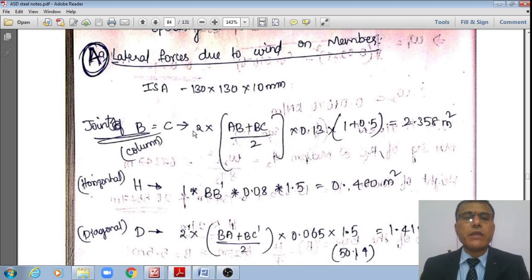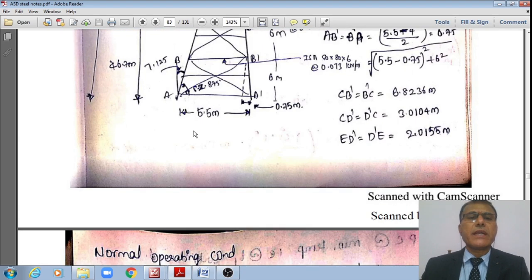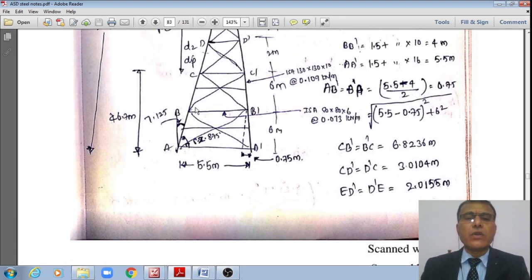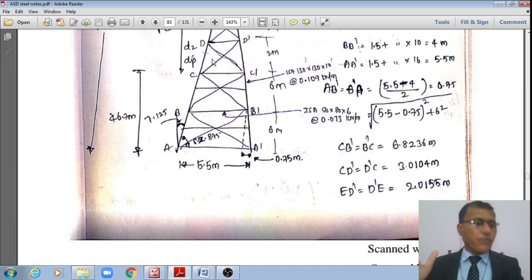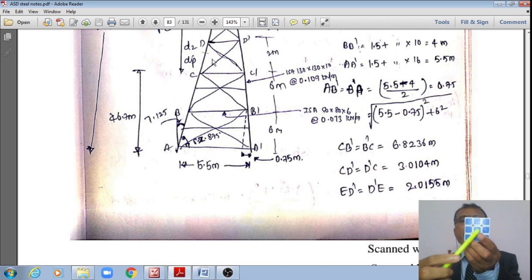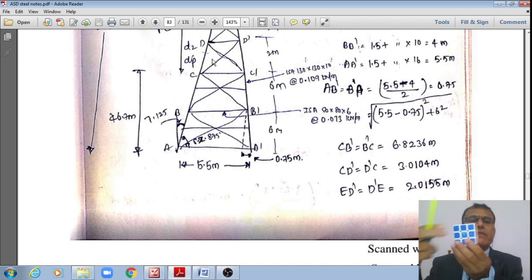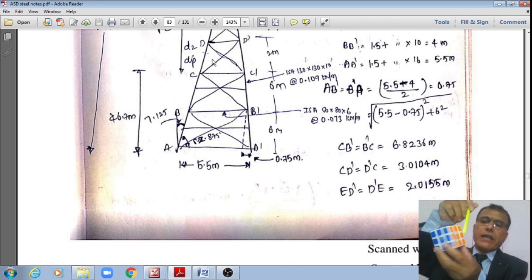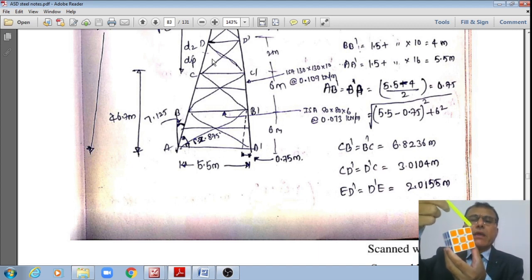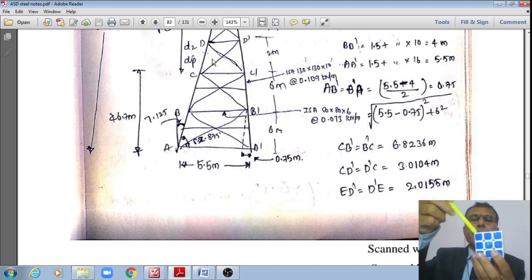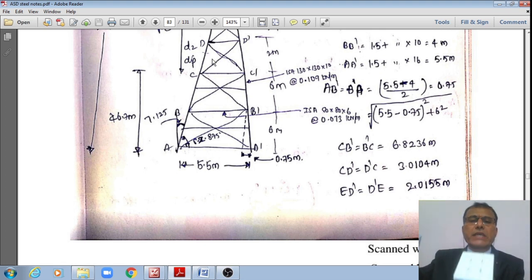Therefore if I go to the joint B, student, I do have the columns, 1, 2. There are four planes, like this. In this plane, if I see, I do have B prime, B double prime, B triple prime, or B1, B2, B3, B4 as appropriate.